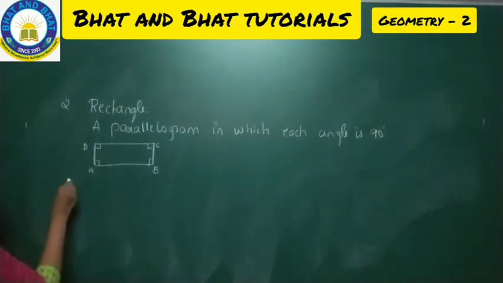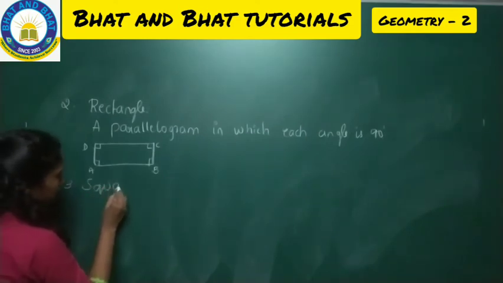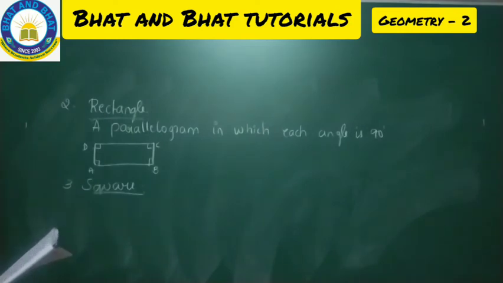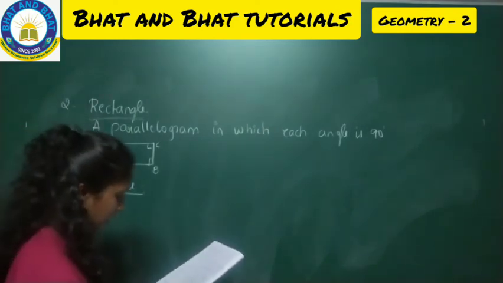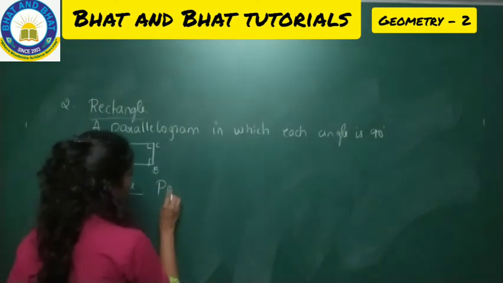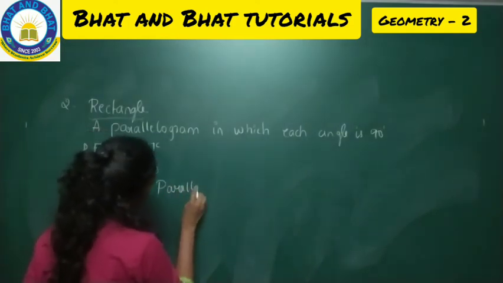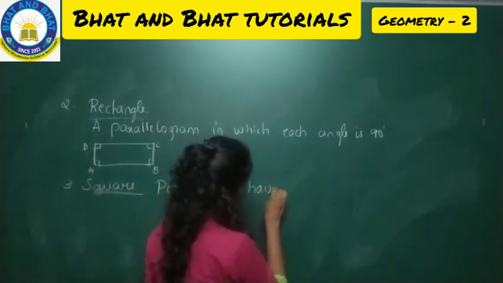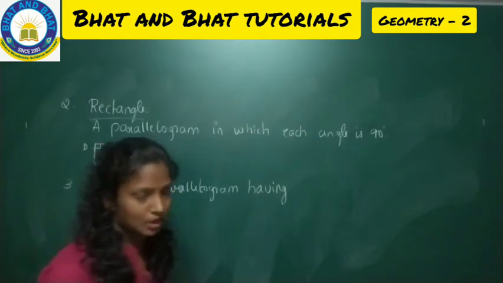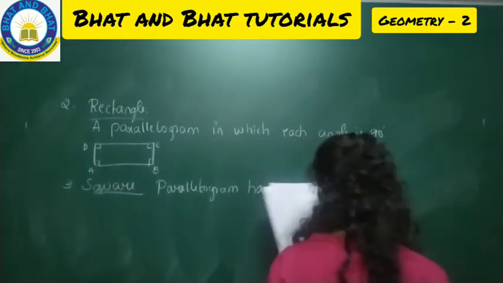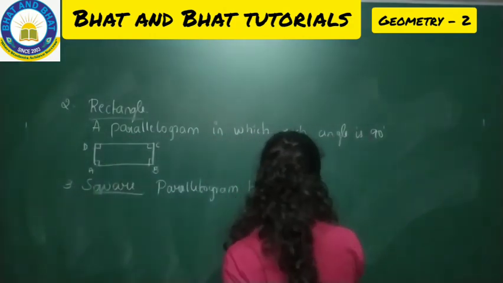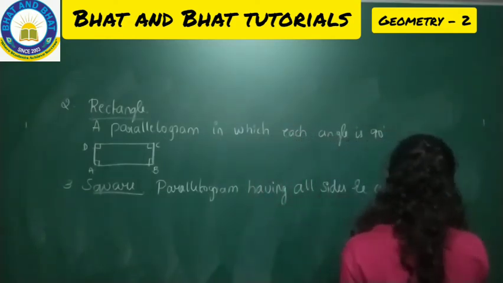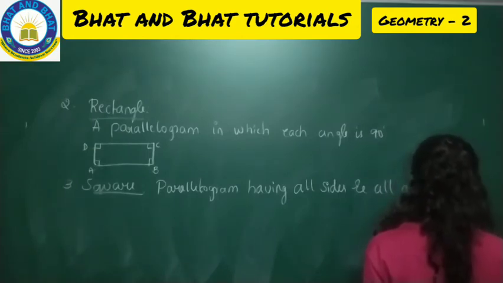Okay. So let me write the square too, the third type here. Have a look at the square also. A parallelogram having all equal sides. So it is a parallelogram having all sides and all angles equal. It's just for your knowledge that I am giving this.